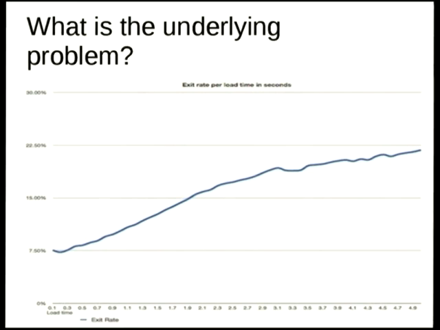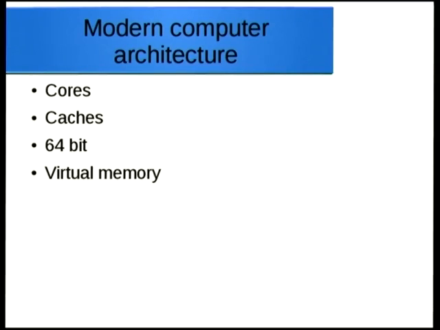That's not really what the computer looks like any longer. A computer today consists of a bunch of cores and a bunch of caches. Some of them might be persistent caches, also known as disks. It's 64-bit; even phones are starting to become 64-bit now. And it has virtual memory.